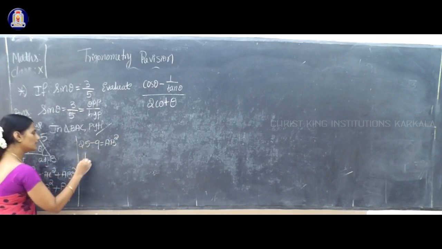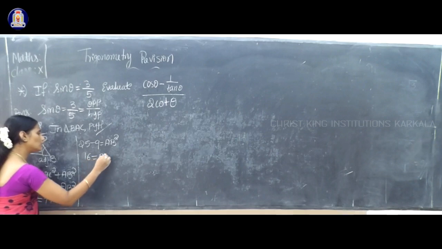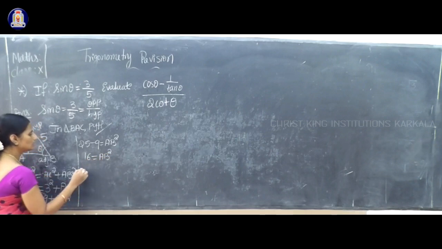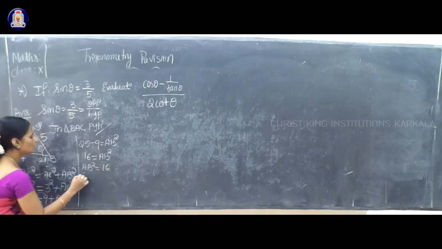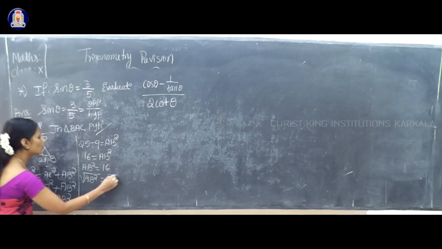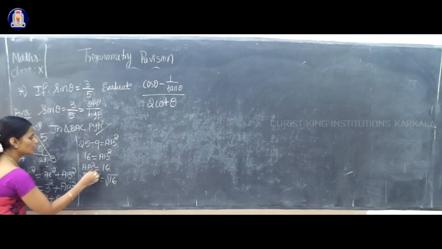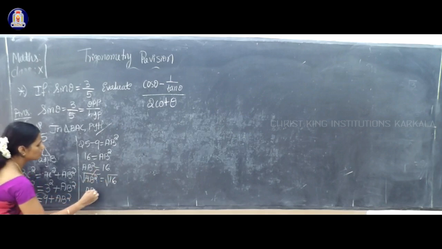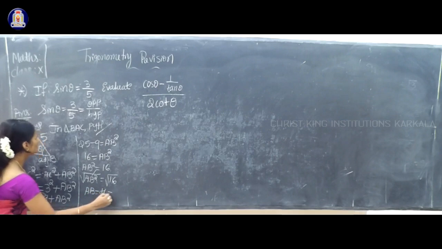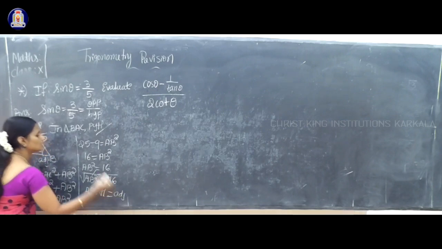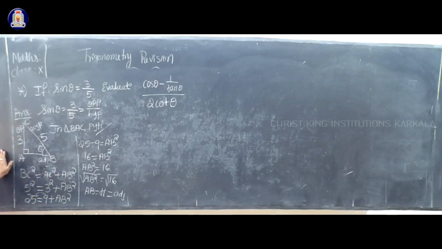So 25 minus 9 is 16, equal to AB square. Therefore AB square is equal to 16. Square root of AB square is equal to square root of 16. Square and square root cancel, so AB is equal to 4. AB is your adjacent side.